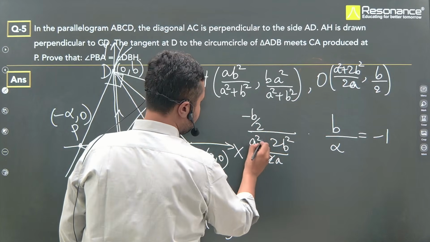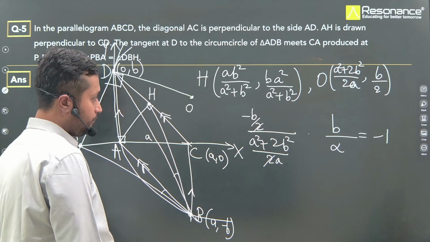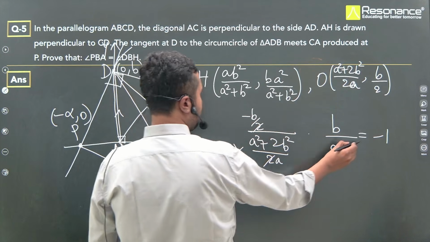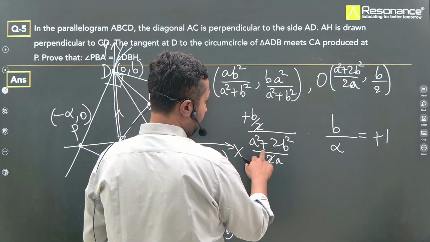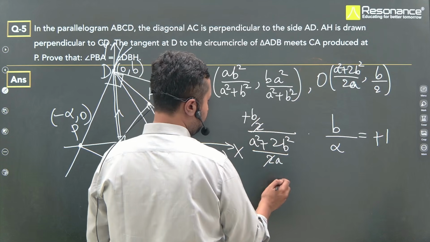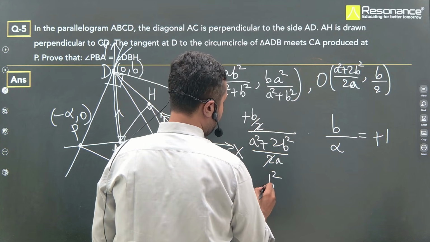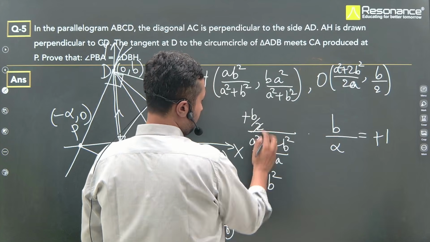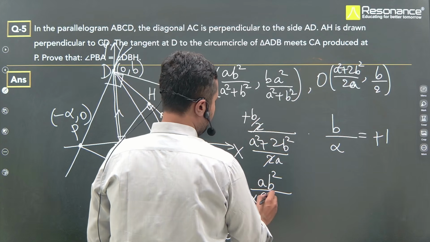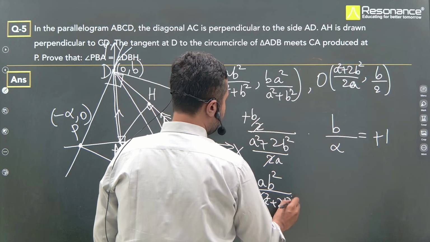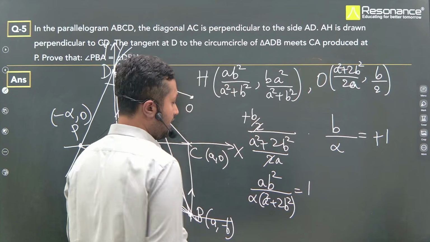You see that I can cancel 2 and 2 like that. And then what are we left with? This minus is also gone. So B square divided by, okay, so A also comes up. So we have B square A divided by alpha into A square plus 2B square is equal to +1.